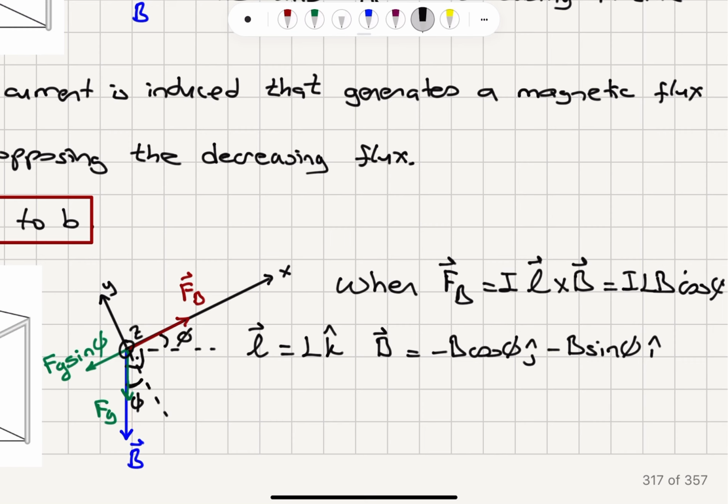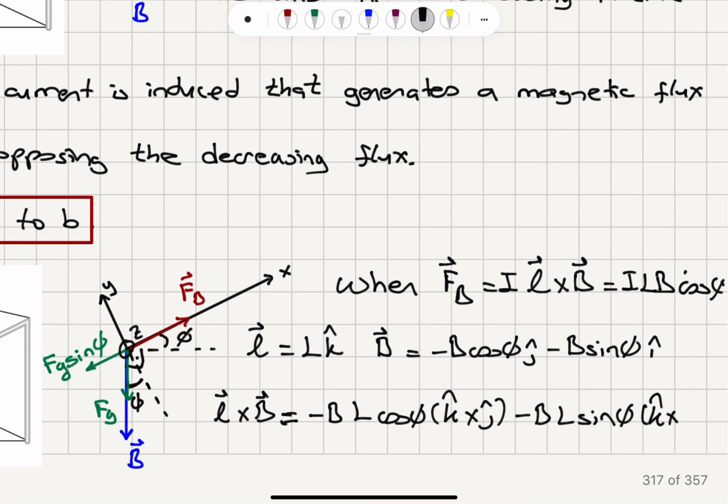So if you look at L cross B, we have minus B L cosine phi k hat cross j hat, and then minus B L sine phi k hat cross i hat.